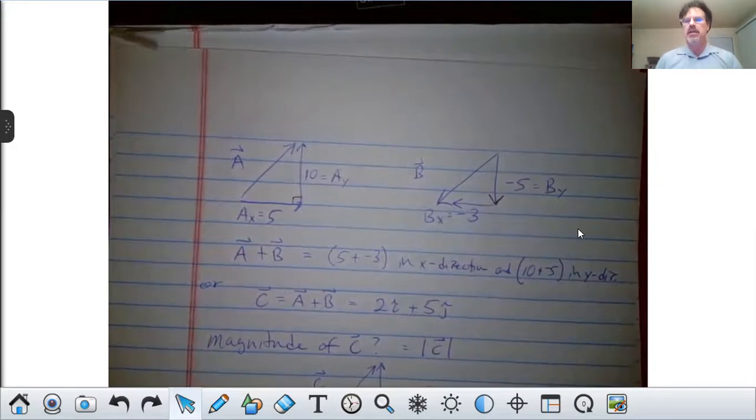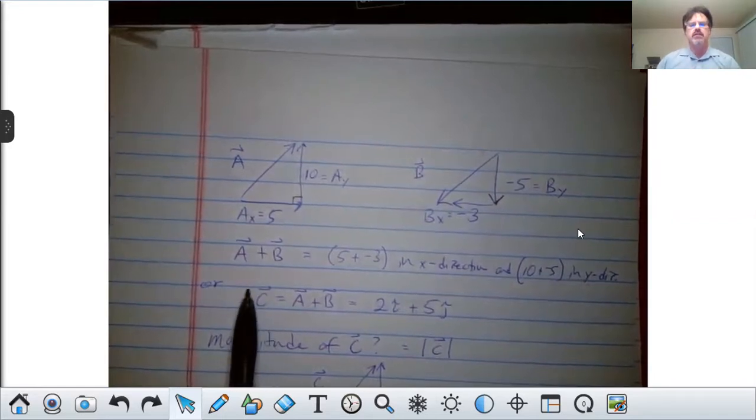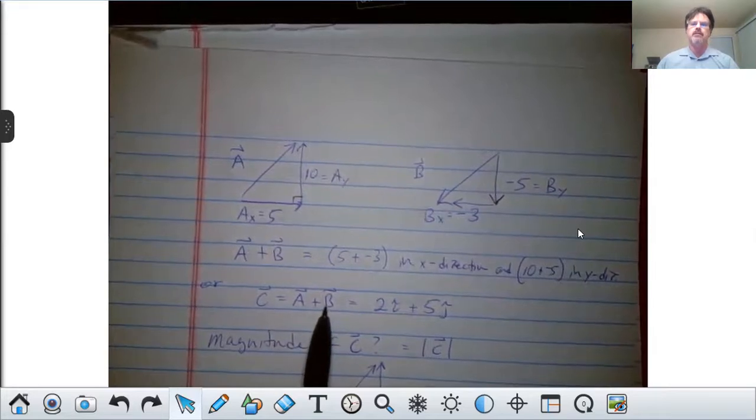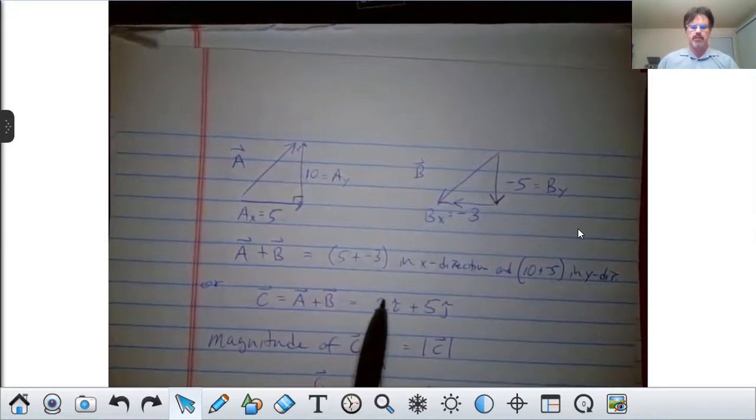Now there's a special notation you'll often see when dealing with vectors called unit vector notation. It's really just a simple notation to indicate which is the x and which is the y component. So the way I'd write this is, let's say my new vector I call c, and it's equal to a plus b. Well, 5 plus negative 3 is 2, so I have 2 for my x component.